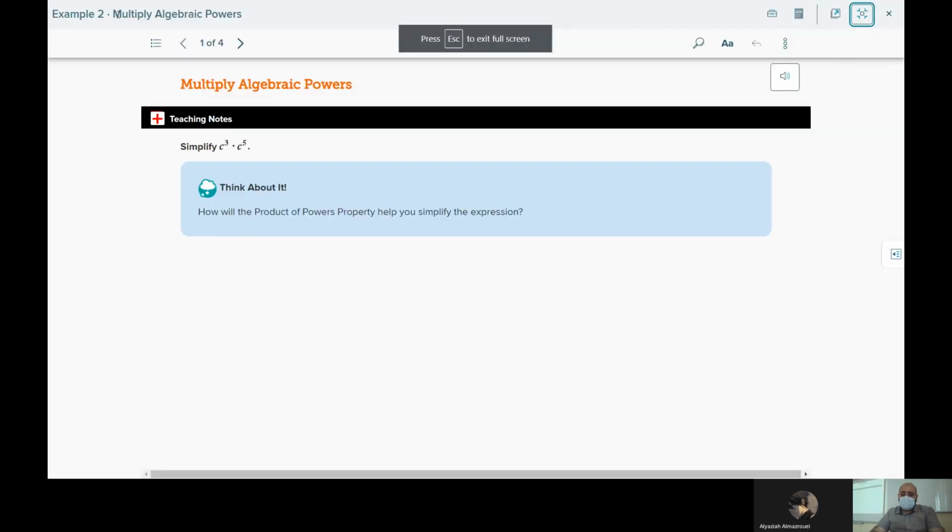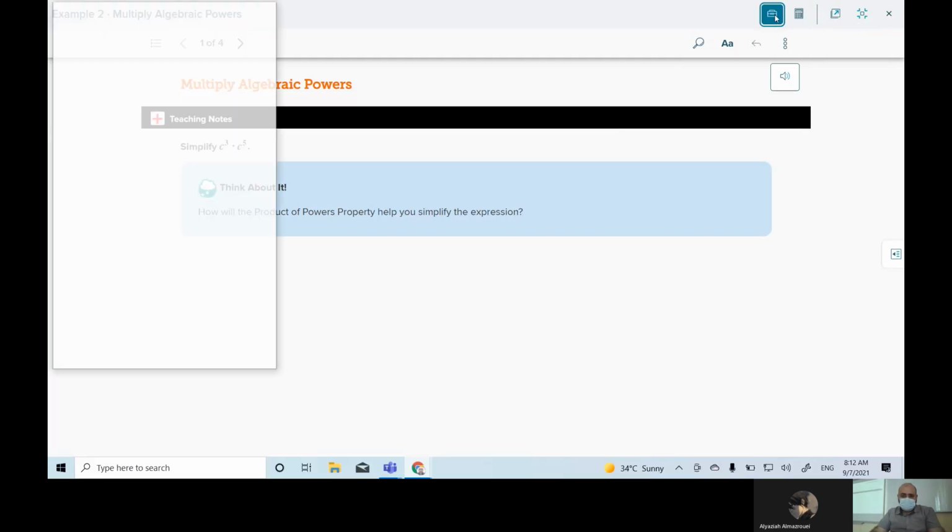Write the title first, multiply algebraic powers, then write the example: simplify c exponent 3 times c exponent 5. Then try to simplify it, then tell me what your answer is.